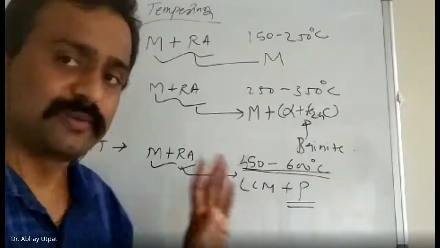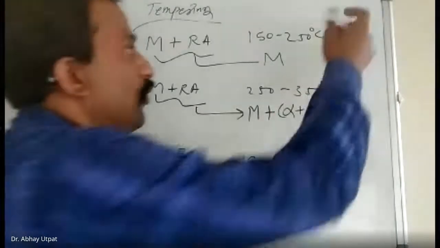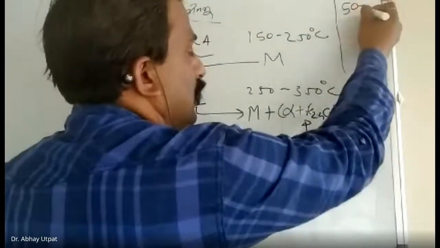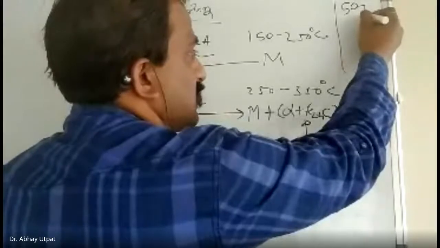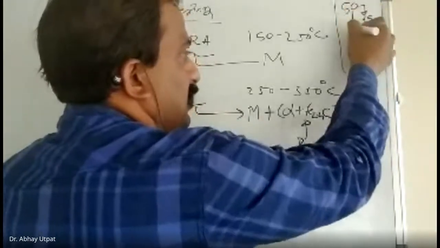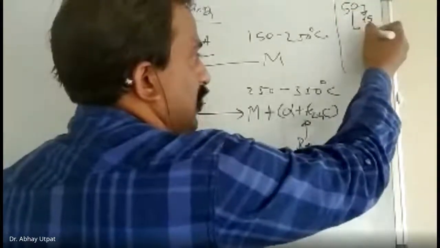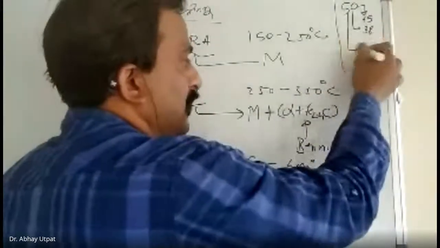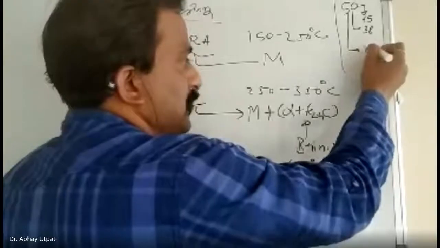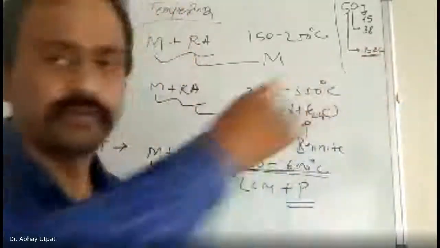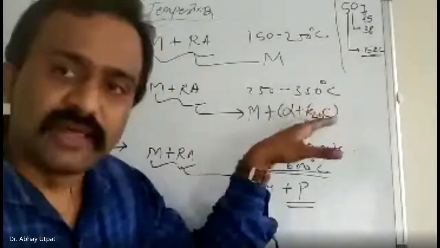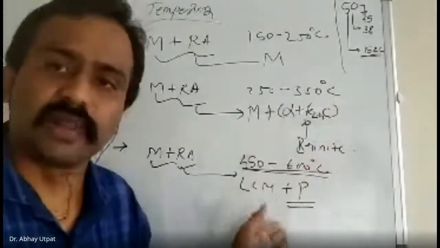Now, very interesting. Original hardness is 50 RC. Low temperature tempering will give hardness 45 RC. Medium temperature tempering will give hardness 38 RC. And high temperature tempering will give hardness 15 RC, usually similar to the hardness of pearlite.